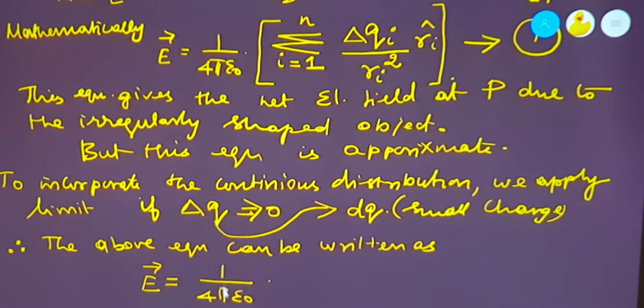Instead of this summation, I am putting an integral. If I am putting an integral, then I have to apply the limit that delta Q tends to 0. Automatically this delta Q will become dq divided by r square multiplied with r cap. This is what we can state as the equation for the continuous distribution.